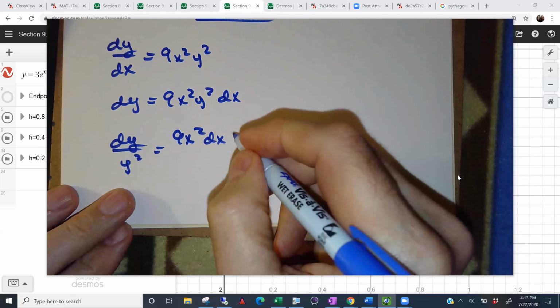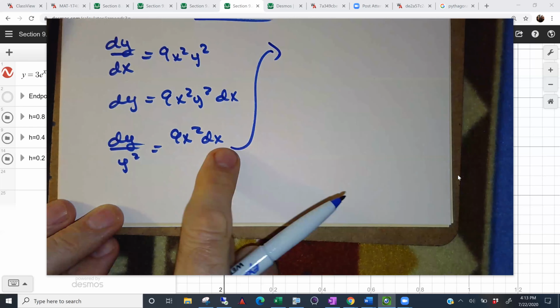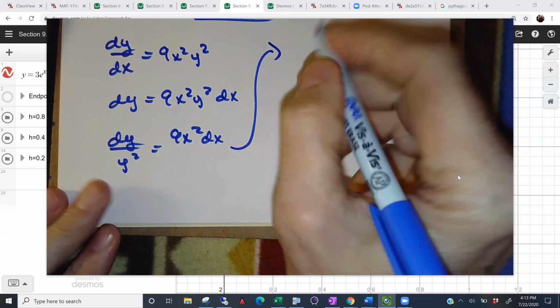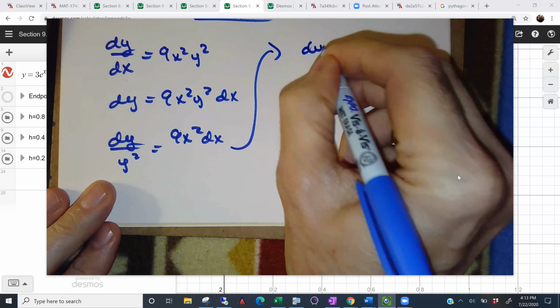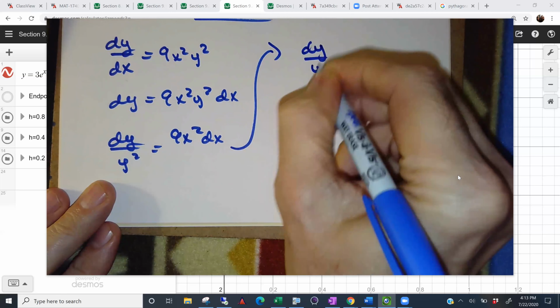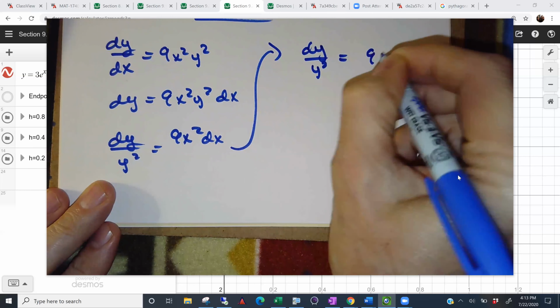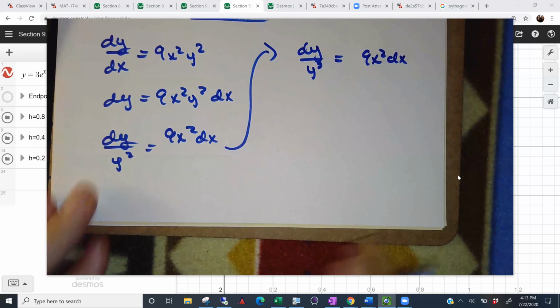Well, the nice thing is I've got the variables together. So dy over y squared equals 9x squared dx. And what that allows me to do is to integrate both sides. So let's do that.